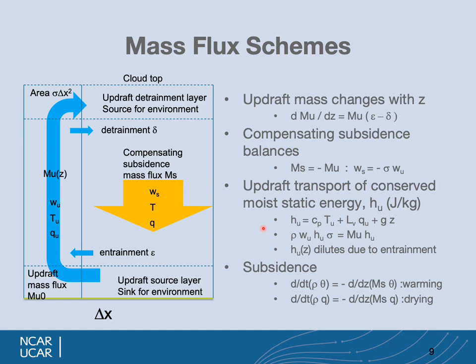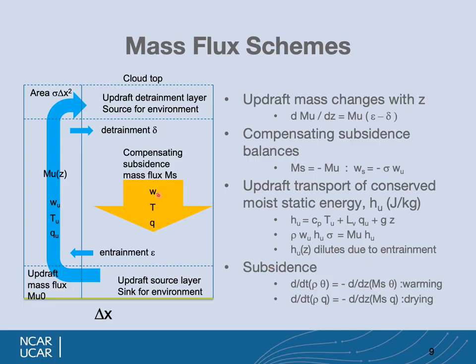But as the updraft is ascending, the moist static energy will change with dilution due to entrainment, so the model can predict the updraft moist static energy as a function of height. And it also uses this to predict the cloud top level, where the level of neutral buoyancy is achieved, and the cloud will then detrain.